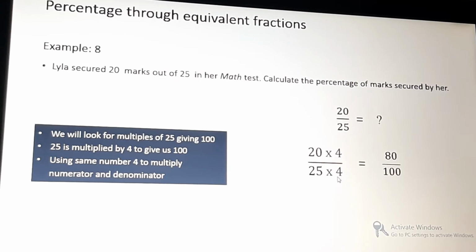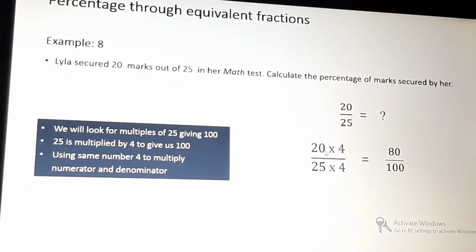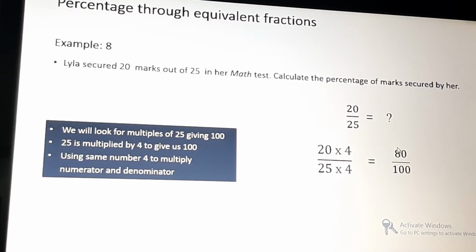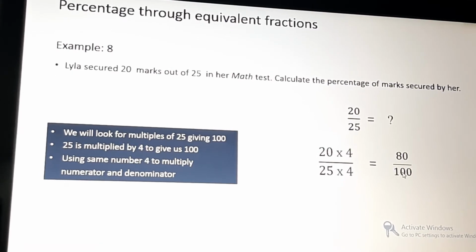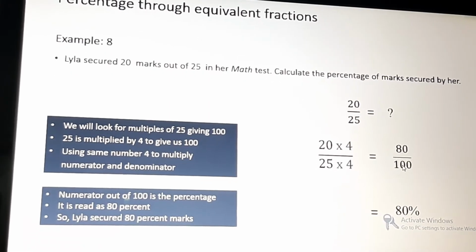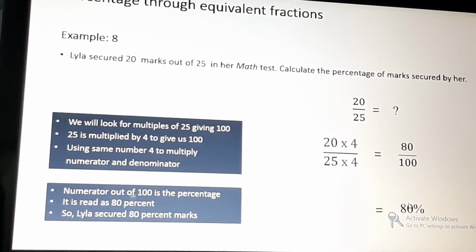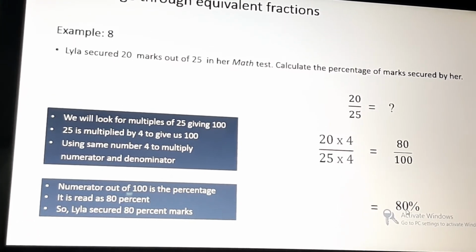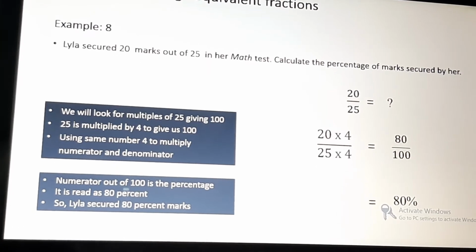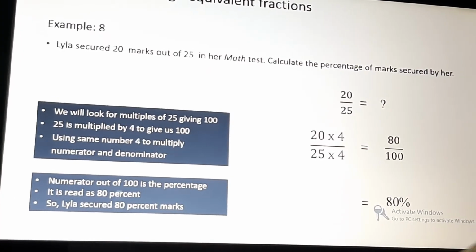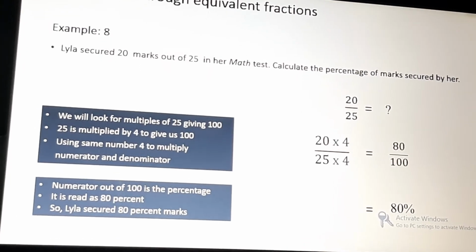That's 4. Using the same 4 with the numerator, 20 times 4, it gives you 80/100. And numerator out of the 100 is a percentage. So we can read it as 80%.